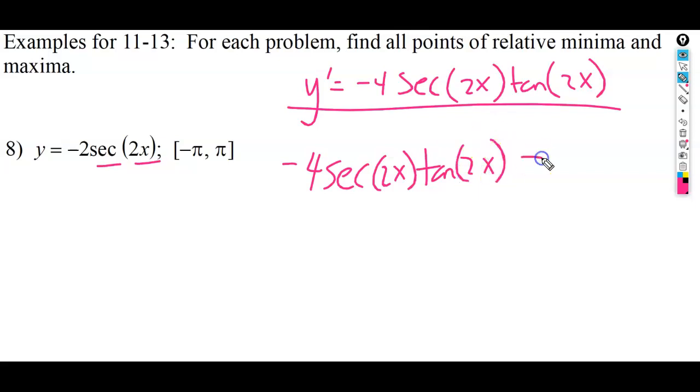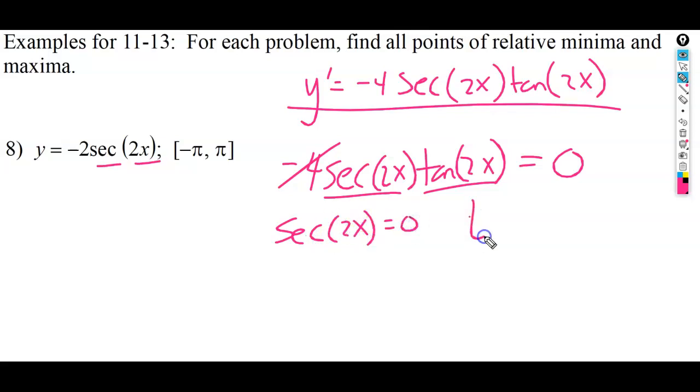Where does that equal 0? Well, first of all, just divide both sides by 4 and get the same expression, just no 4 in the front anymore. And now, since these are being multiplied, we can use the zero product property, which says that one of these then has to equal 0.